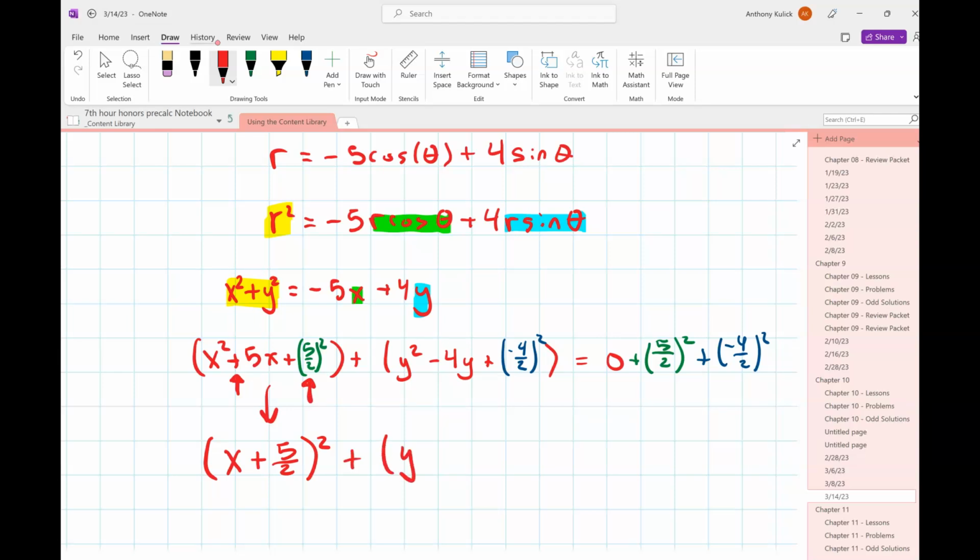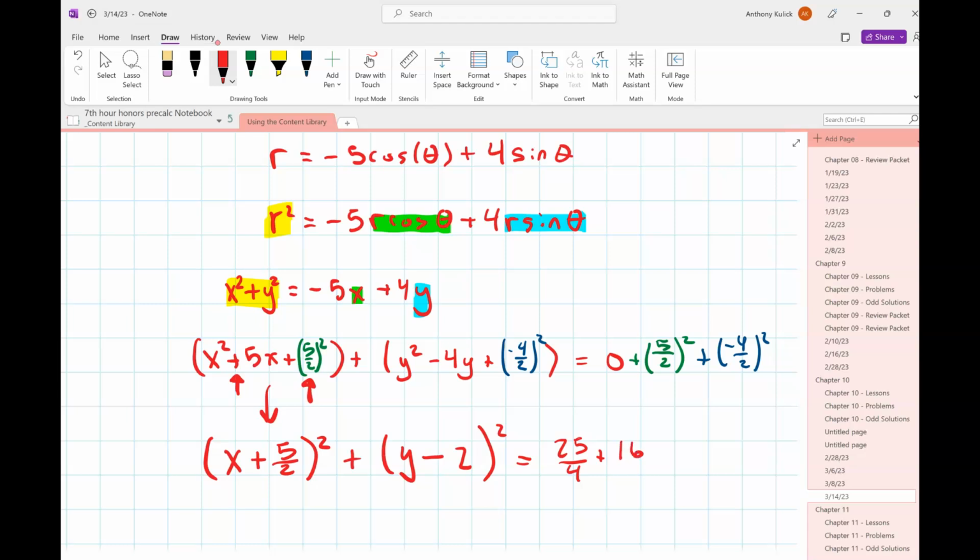Okay, then we're going to have y, and is it plus or minus? Minus, and then what's the value there? 4 over 2. Or just, I'm going to write 2. So 25 over 4 is 5 over 2 squared. 4 over 2 squared is 4.